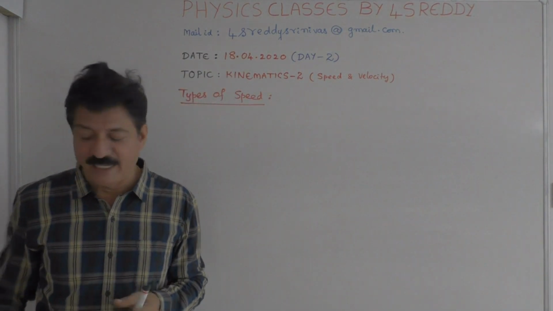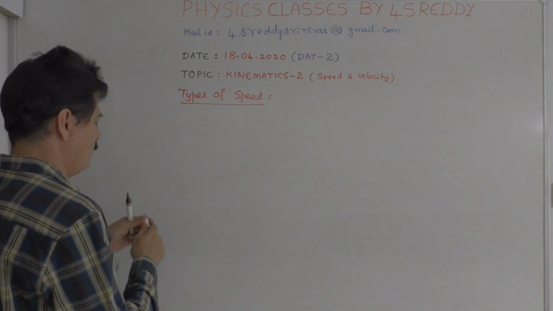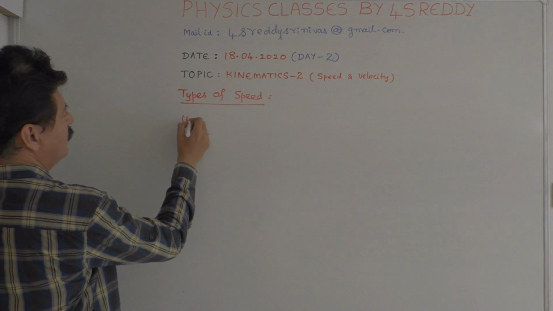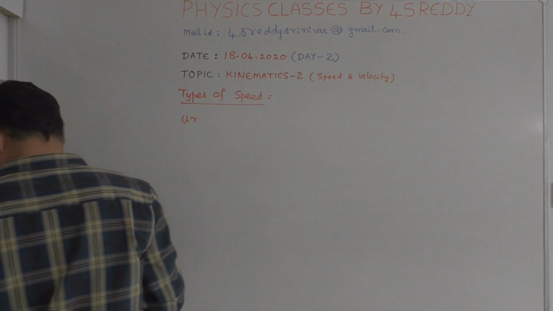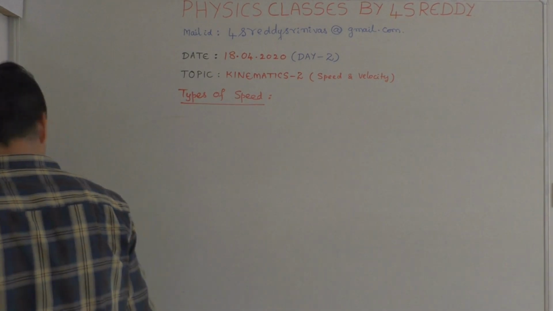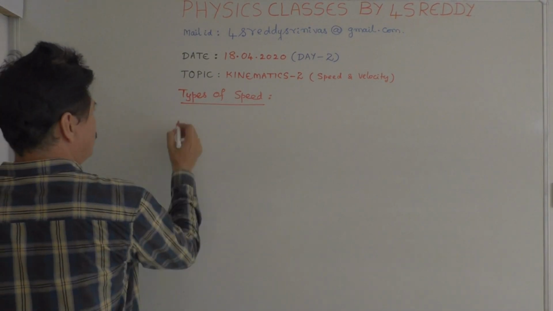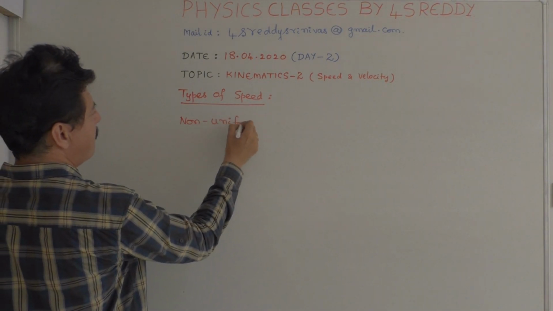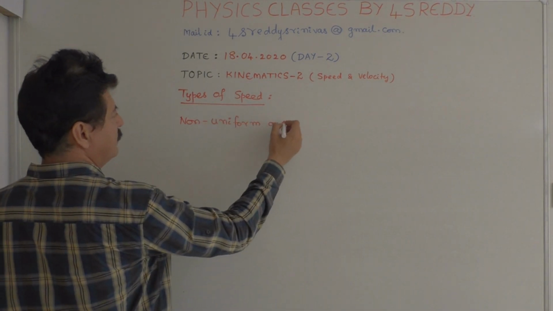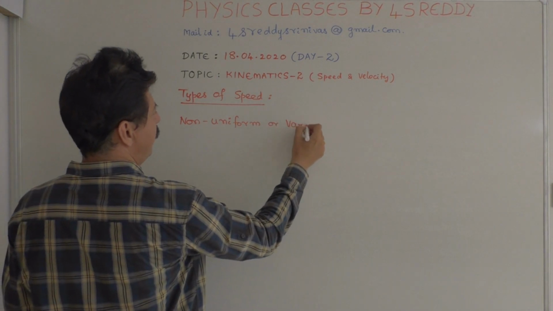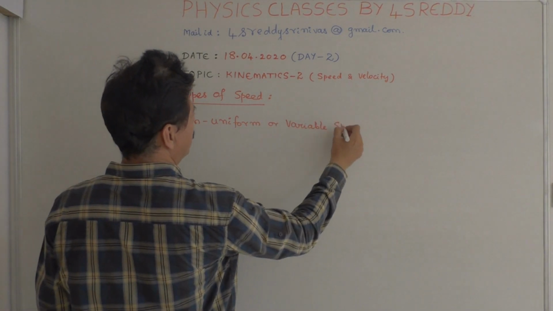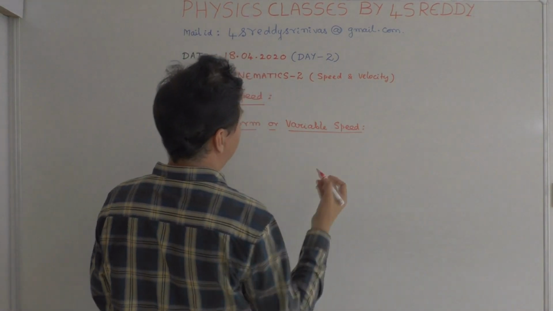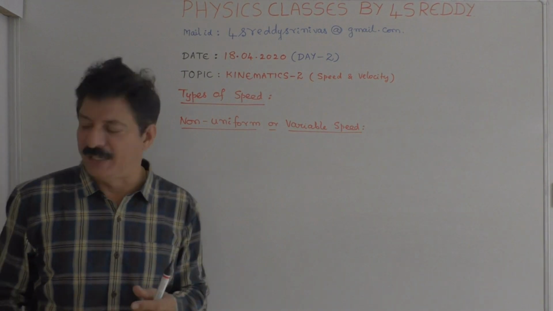Now, the second one is non-uniform or variable speed.